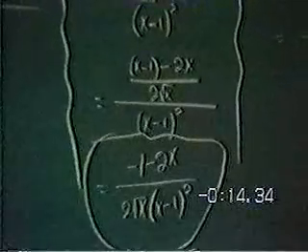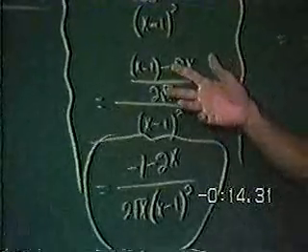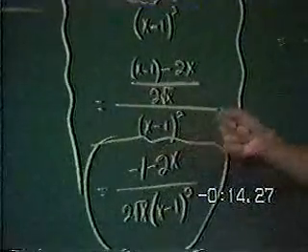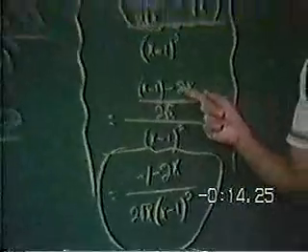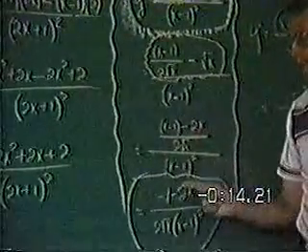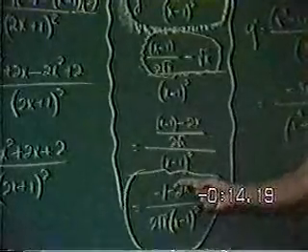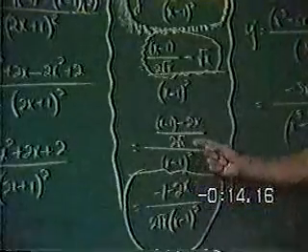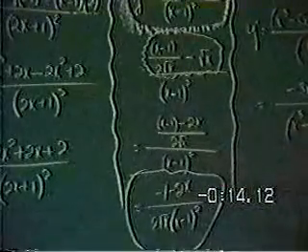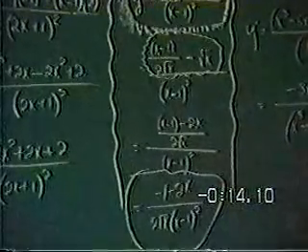Or you can know the rule that says when dividing a fraction by a fraction, it's the numerator of the numerator times the denominator of the denominator all over the denominator of the numerator times the numerator of the denominator. That's the way I learned it.